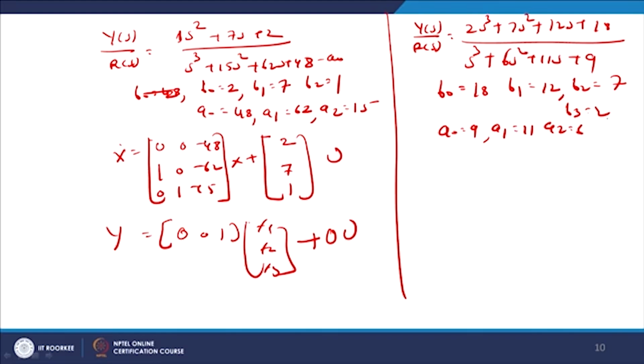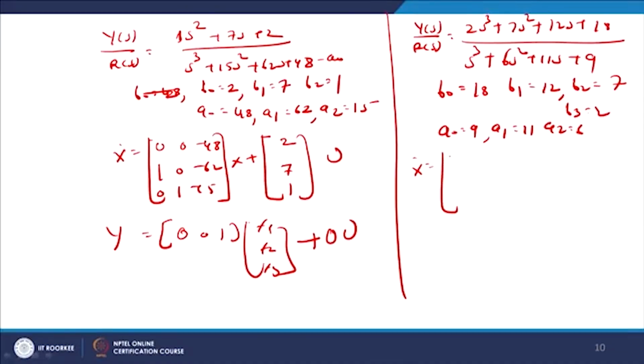So, now here we will find that this is a proper transfer function; the degrees of numerator and denominator are the same. Now, we have to write it in terms of observable canonical form. So, you will find that there is not much change in the A matrix. A matrix is similarly like this: 0 0 -9, 1 0 -11, and 0 1 -6, plus.